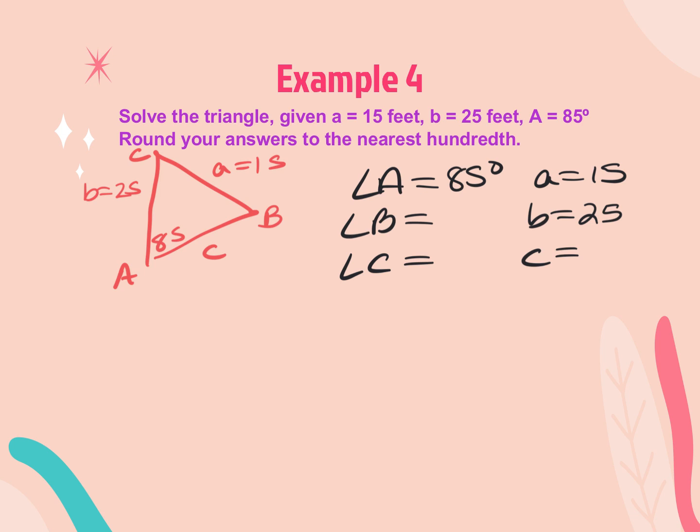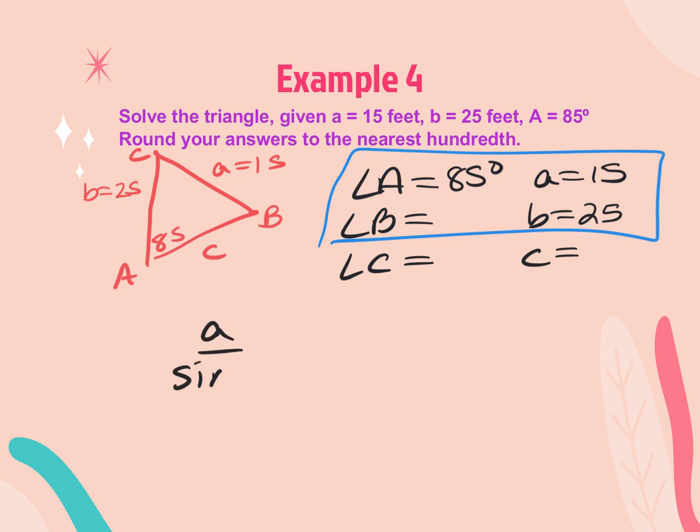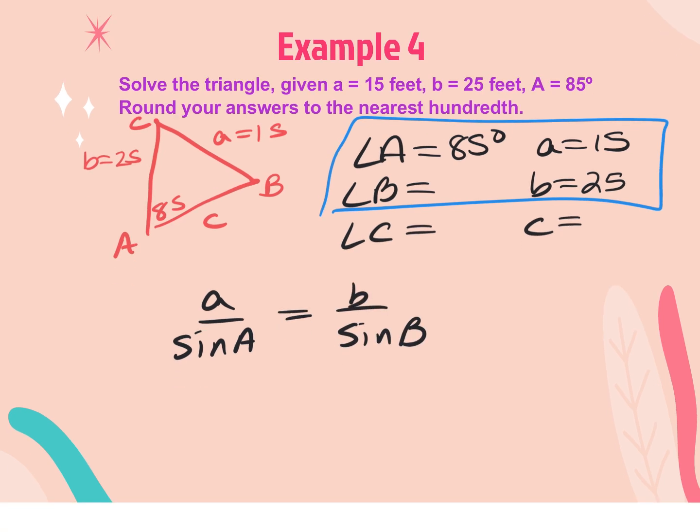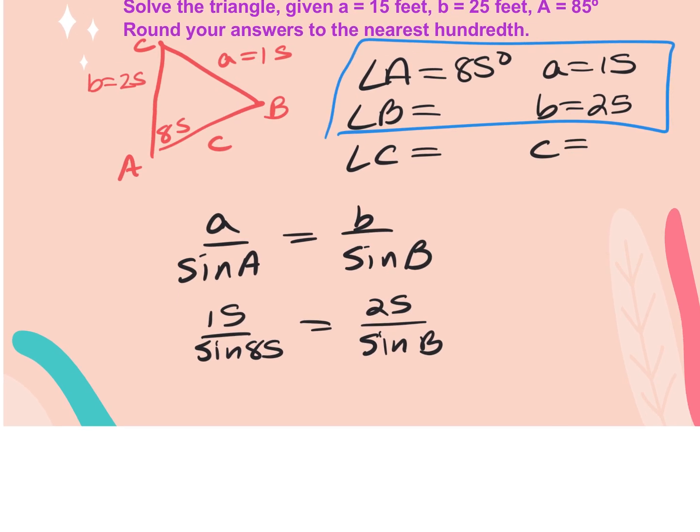I'm going to look for angle B first, because that's going to be using my three pieces of given. So A over sine A equals B over sine B. So I'm going to go ahead and fill it in. 15 over sine of 85 equals 25 over the sine of B. Going to cross multiply.